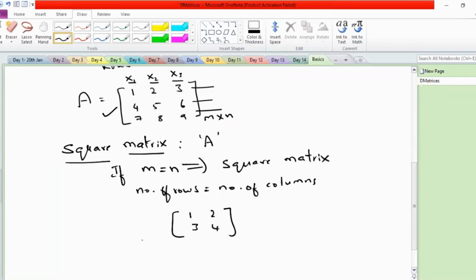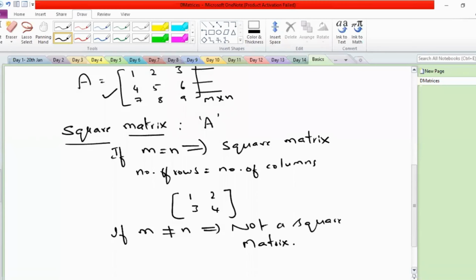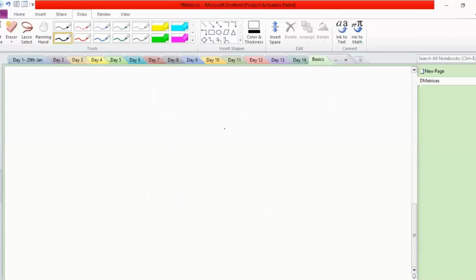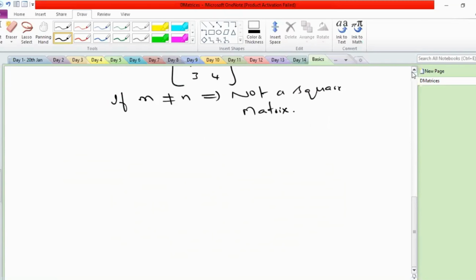Suppose m is not equal to n, then it is not a square matrix. Fair enough, guys?